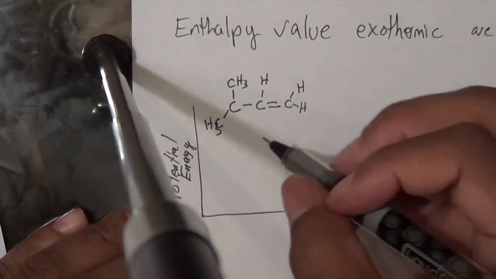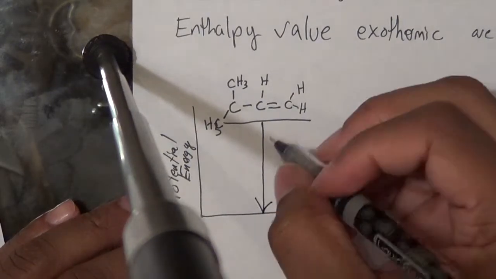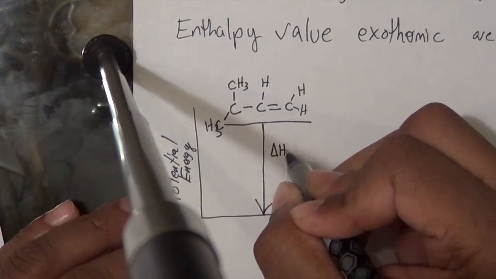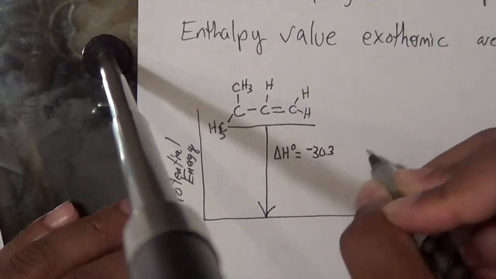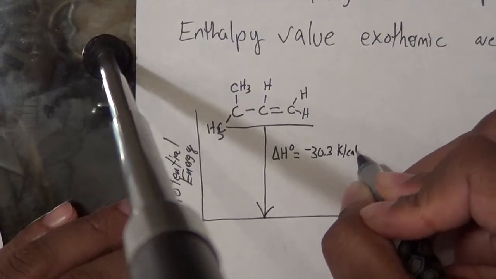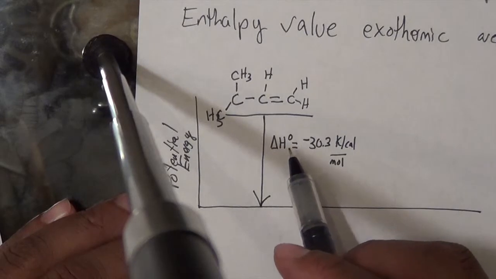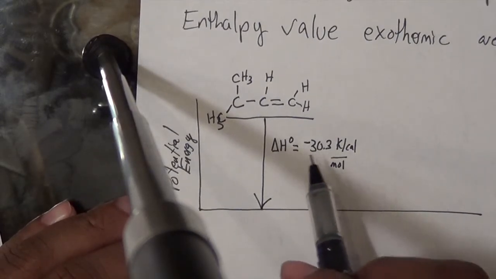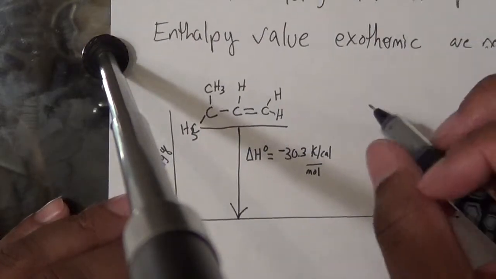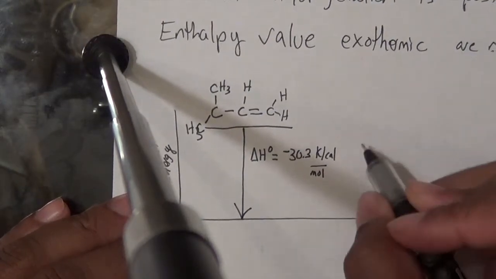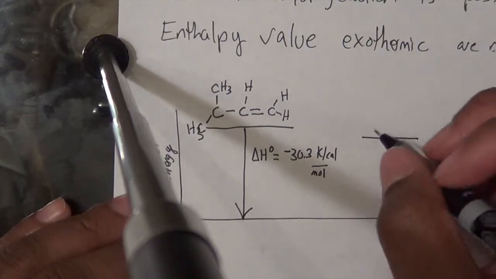All right, so let's just say this enthalpy value delta H is equal to negative 30.3 kcal per mole. Now this is delta H, so the heat of hydrogenation will be positive 30.3 kcal per mole. That'll be the heat of hydrogenation. Now let's look at comparative.